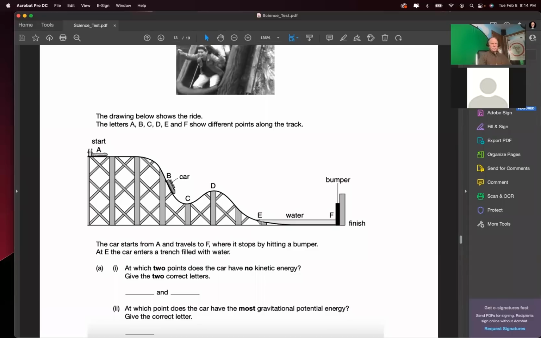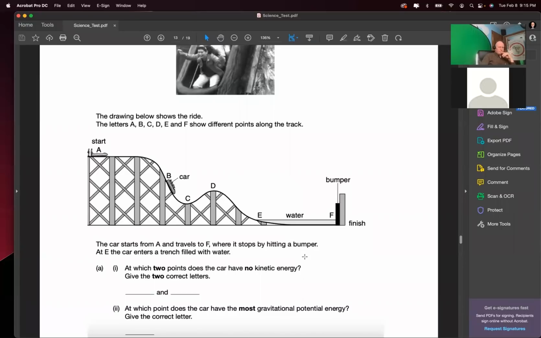And I need the letters. Can you see it okay? Yeah. Well, F would be one of the points. Yeah, I mean F counts. It's got a letter to it, doesn't it? Right.